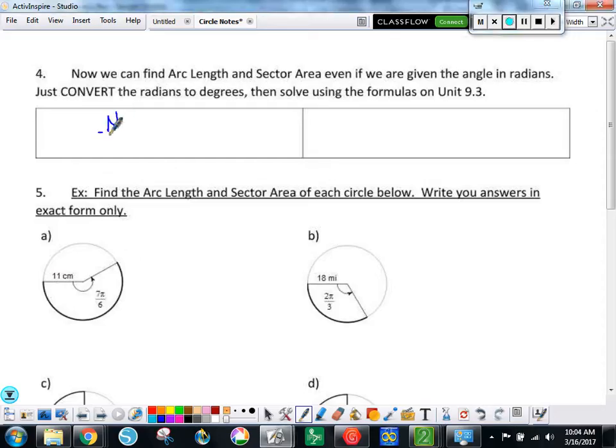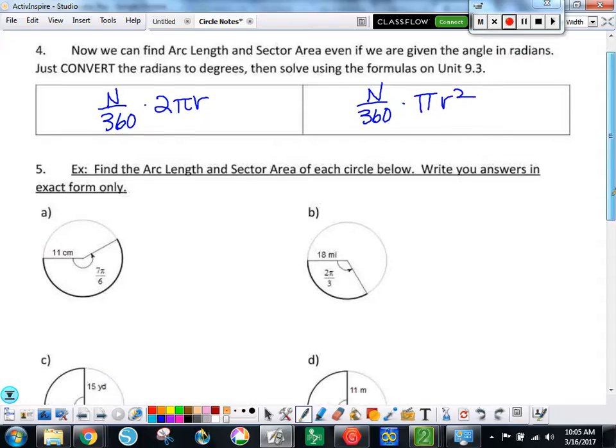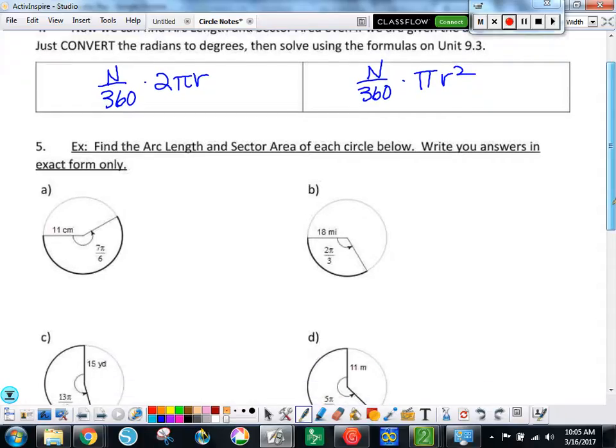You have to find the fraction and then multiply it by 2 pi r. Or if you're talking about the area of a sector, so pizza, what is it? You find the fraction and then do what? Multiply by pi r squared. Alright, those are our two formulas from last time.